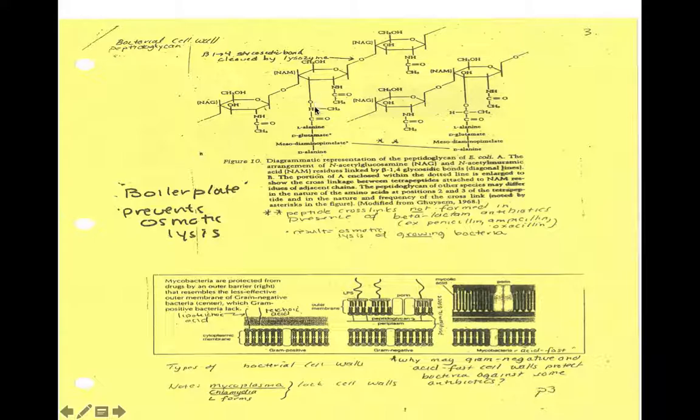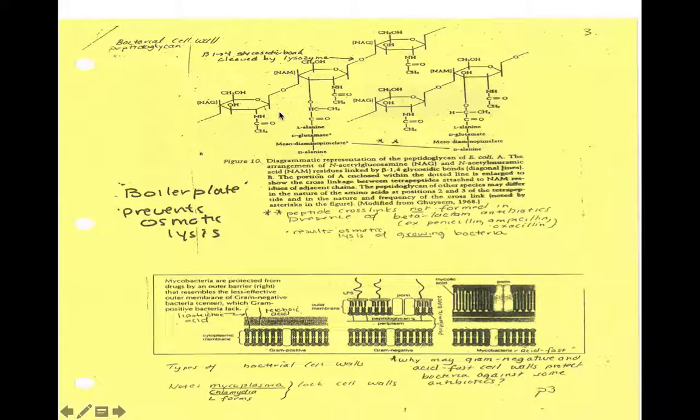So just look for the sugar to which the little tetrapeptide tail is attached, and you know that will be NAM. If I circle this and ask you what it is, you're going to tell me it's a tetrapeptide. Tetra means 4, a 4 amino acid tail. If I ask you what these bonds are, those are peptide bonds between amino acids. If I ask you what bond this is, you're going to tell me this is a glycosidic bond, specifically a beta-glycosidic bond, right here.